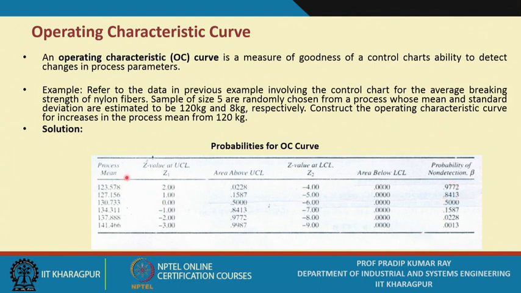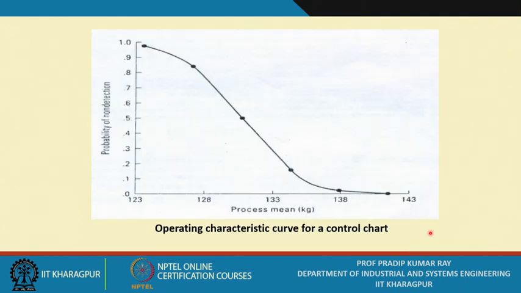So this way, for several values of process mean considered, you calculate the corresponding values of beta, and next you plot them. So here we are assuming that these are the possible values, like say 123, 128, 133, 138. These are the possible values. That means these values are technically feasible for the process parameters.